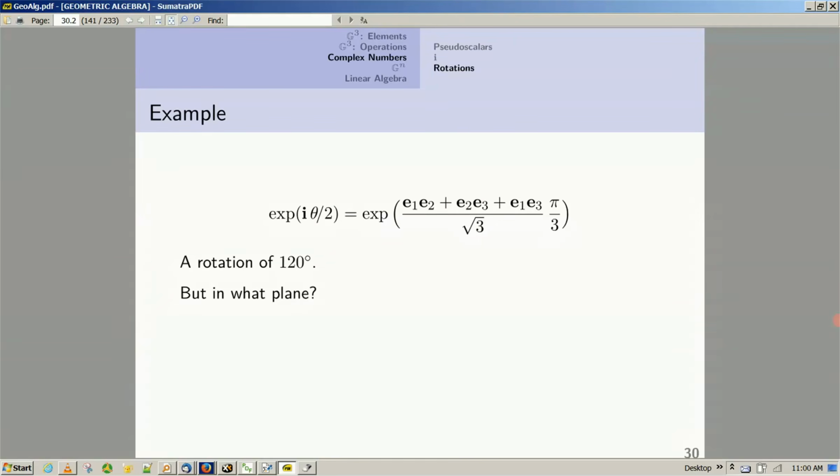In geometric algebra, that's very easy to do. I simply multiply the bivector by e3 e2 e1 on the right. We'll see later why this is so, but for now we just accept this. And if this is multiplied out, we get the axis of rotation, which you can visualize.